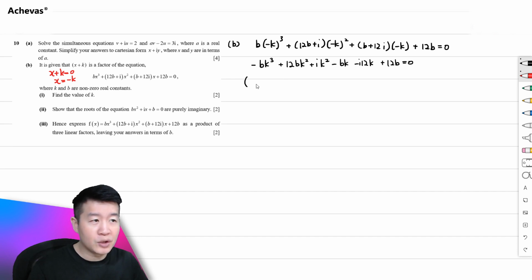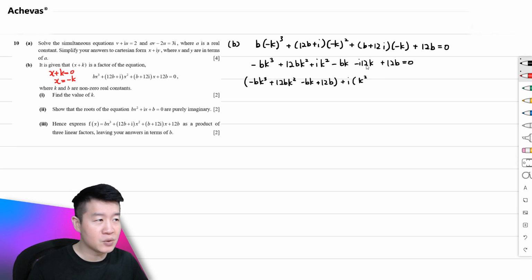I'm going to group all the non-i's together, which is minus bk to the power of 3, and this plus 12bk squared, and this minus bk, and this plus 12b. Okay, all the non-i's I've grouped together, and for all the i's I'm going to group together also.